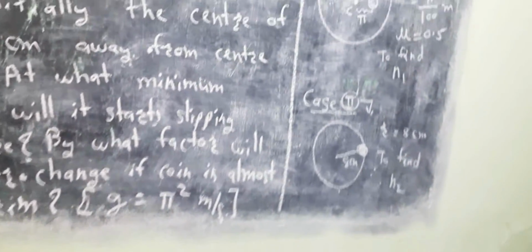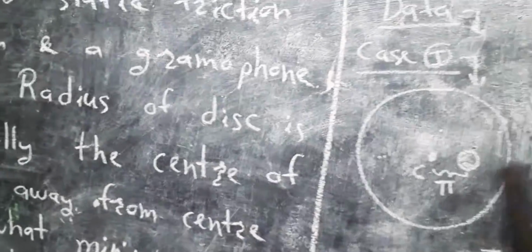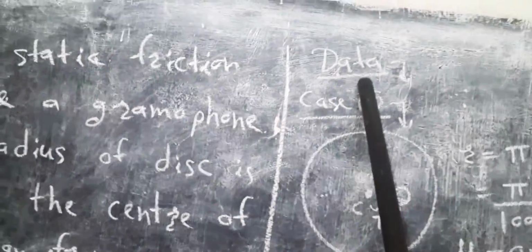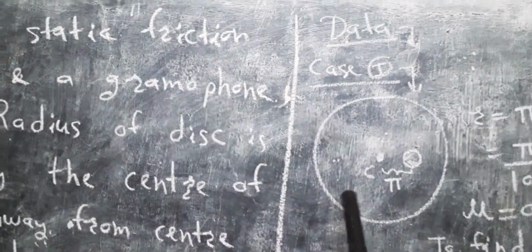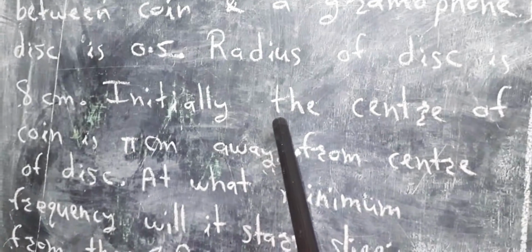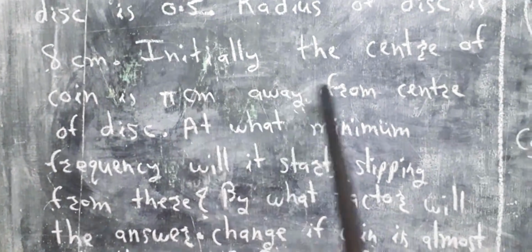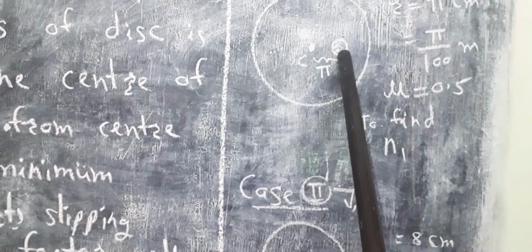So first of all, divide the example into two parts: the given data and what is to be found out. There are two cases. Case number 1, we are given that initially the coin is placed at pi centimeter away from the center of the disc. So this small circle indicates a coin.